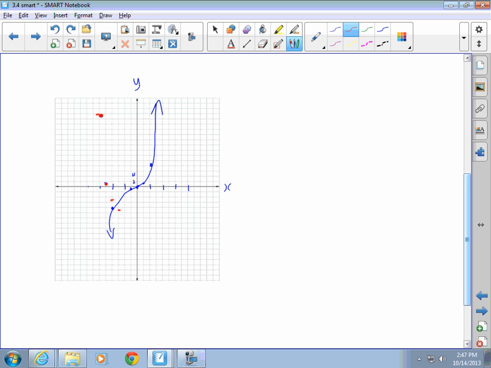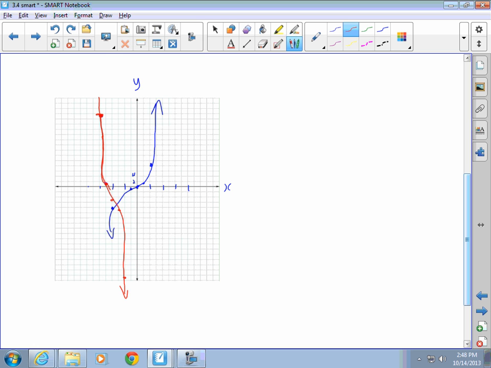So 10, 12, 14, 16, 18, 22, 24, 26, 28, 30, 32, 34, 36, so about right there. So my graph is going kind of like that. My line went a little goofy here because I couldn't see where I was drawing. Okay, that's it.